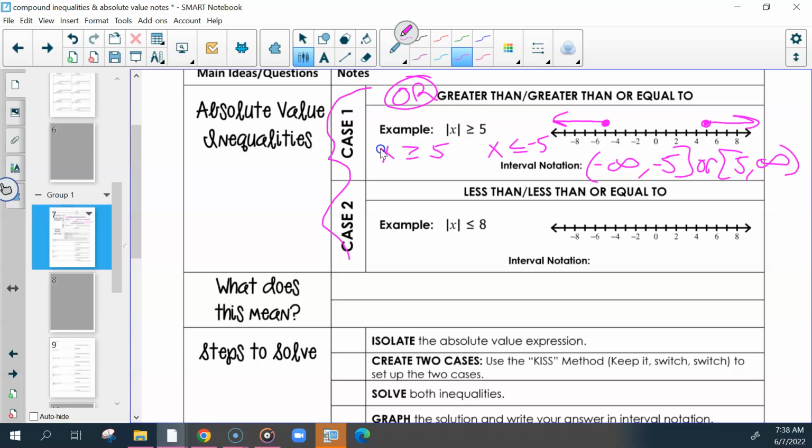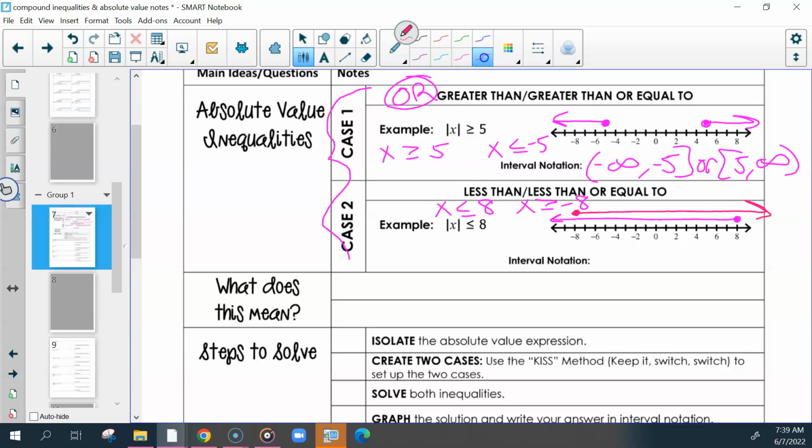So this one, we would do the same exact thing. Our first one would be x is less than or equal to 8. If I switch that, that would be x is now greater than or equal to negative 8. And these are going to overlap.